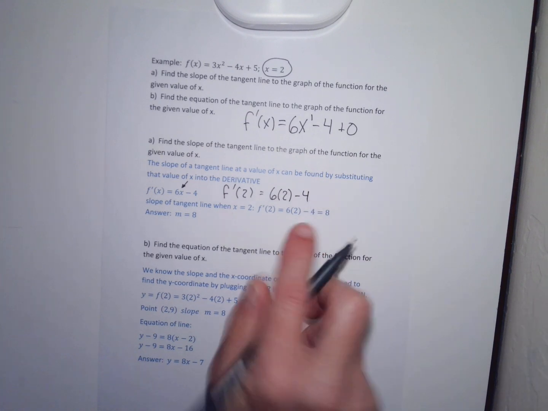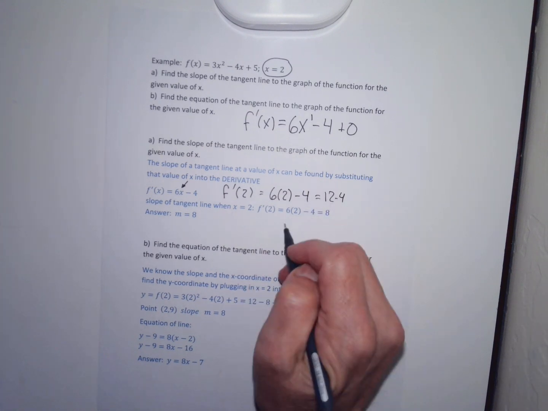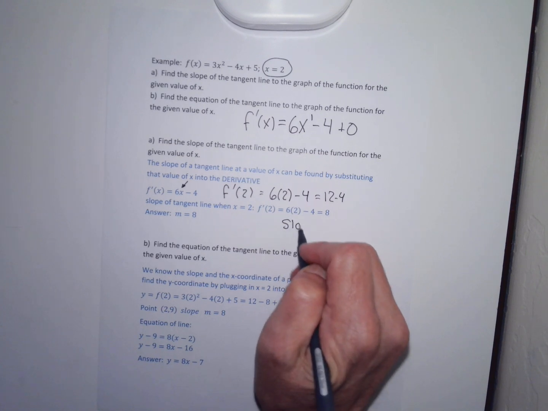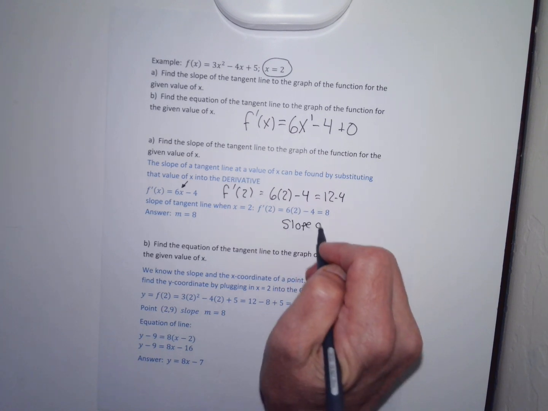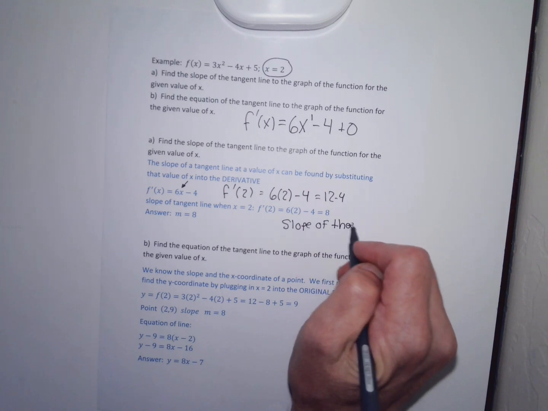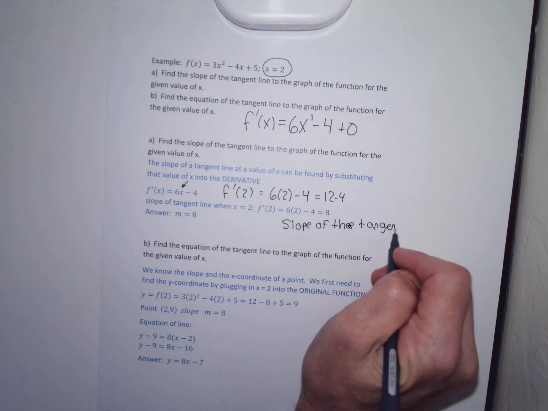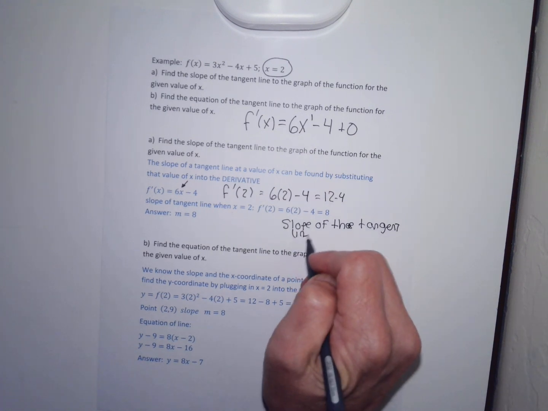In this case, this is going to be 12 minus 4, which is 8. So the slope of the tangent line when x is 2 is going to be 8. M is 8.